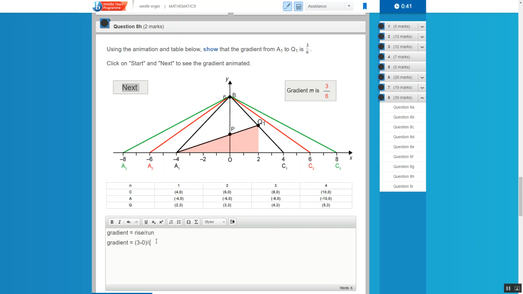Divided by the run, which is 2 take away negative 4, which is equal to 3 over 6, which is 1 over 2. Take away that x1 take away x2 over y2, y1 take away y2.